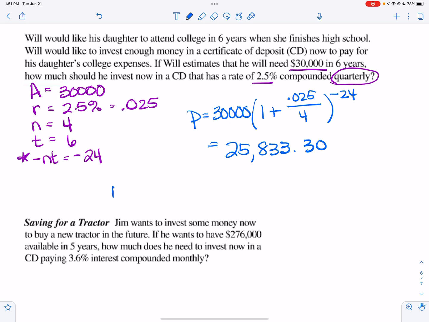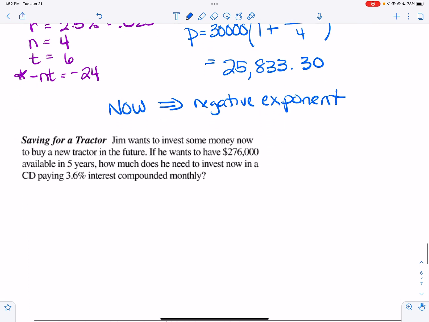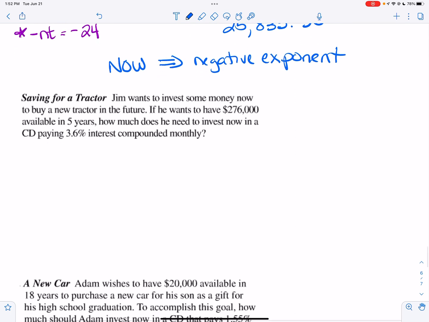Okay, so the negative exponent will only be used when they want to know the investment now. So "now" means negative exponent, okay? All right, so we're saving up for a tractor, or anytime it says saving, that means what do we have to invest now to get that ending amount, okay? So the accumulated amount that he wants to accrue is $276,000.